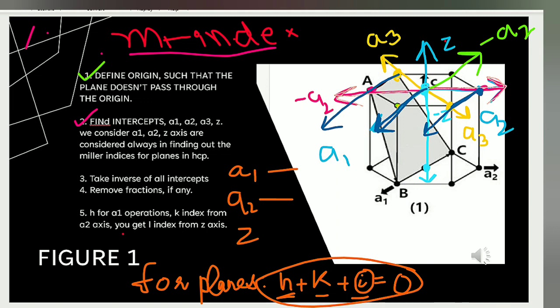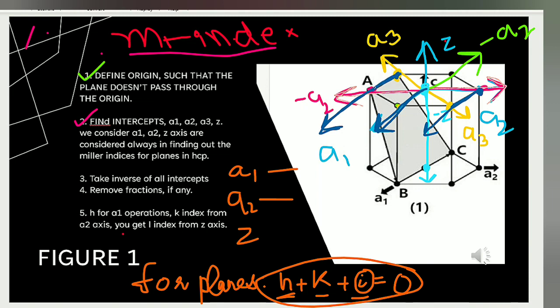You can see that three of these lines are perfectly parallel to each other, and the third line that I have drawn, this line is a part of the plane. So what I want to say is that the plane is parallel to the A1 axis.